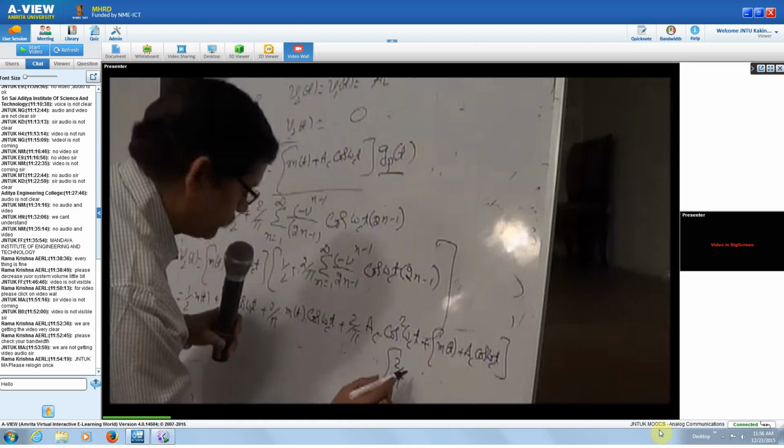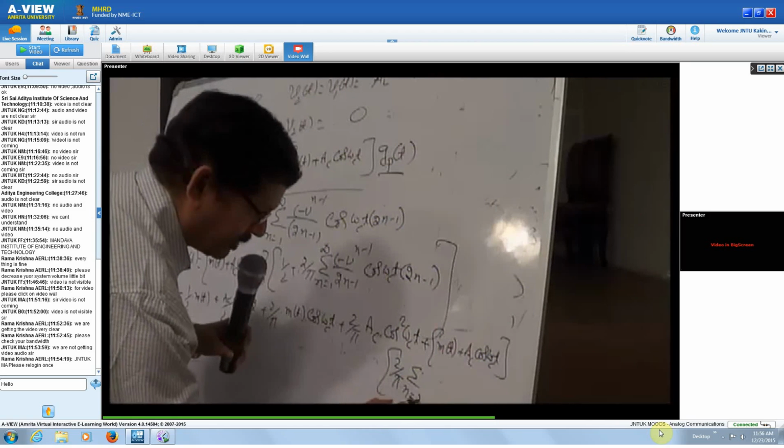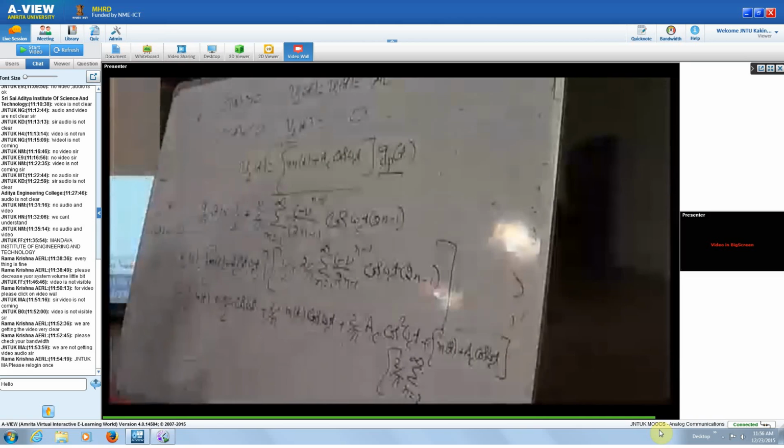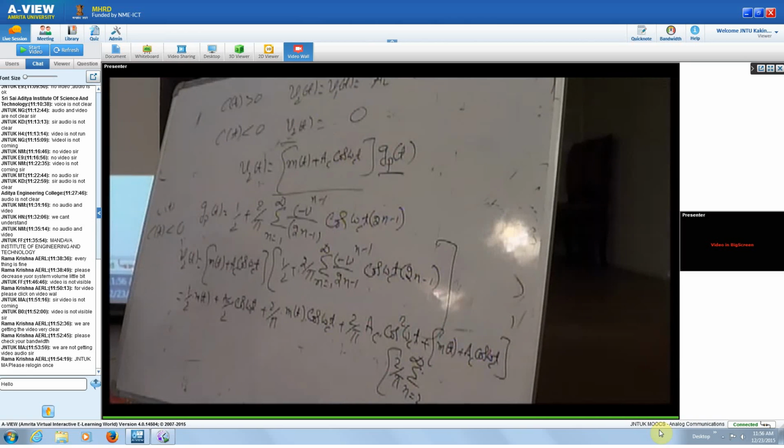By pi, summation n equal to 2 to infinity, instead of 1 to infinity, since the 1 term we have extracted already.